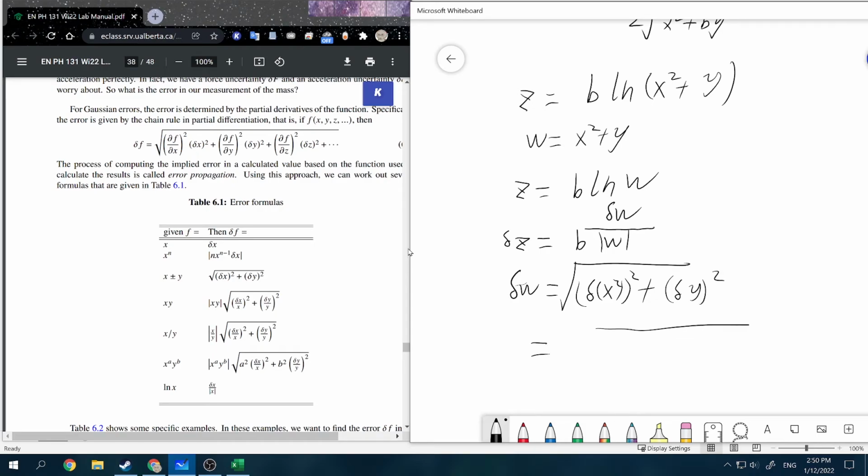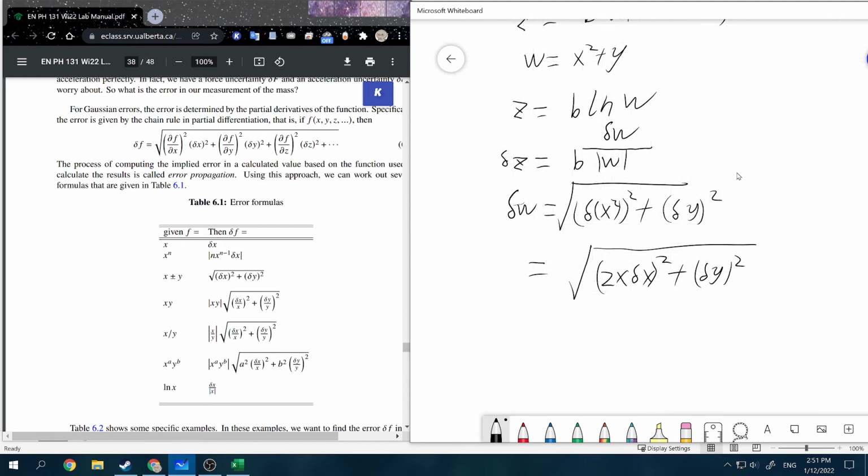That's just simply equals to 2x a of x all squared plus a of y all squared. And then a of z equals to b times, so this b is actually not in denominator, it's before that.